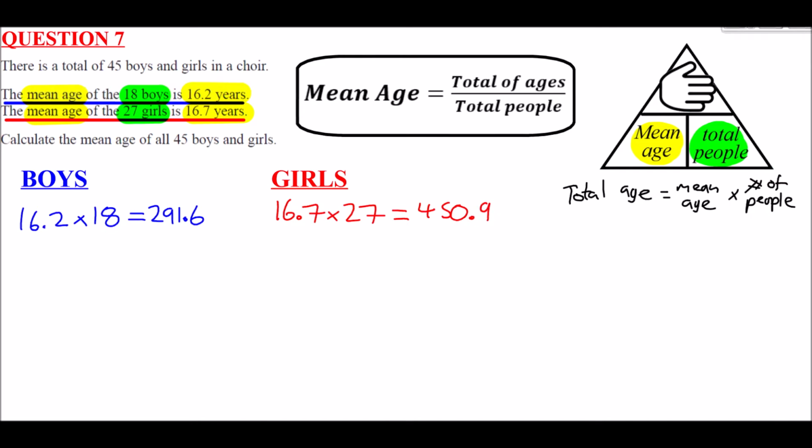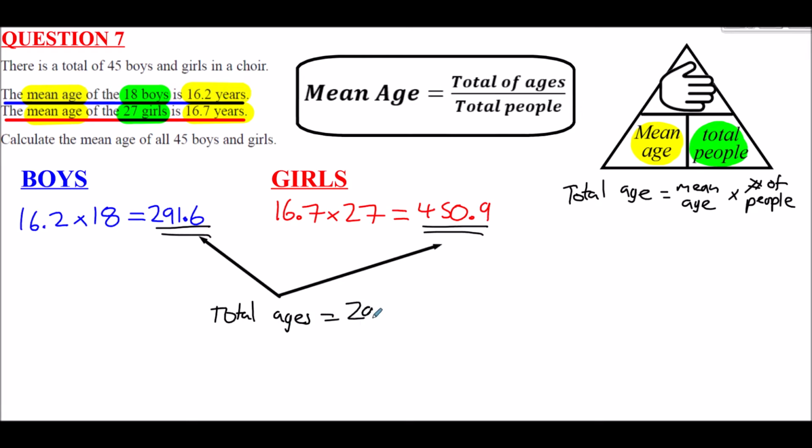Then from these we can work out the total of ages. So based off these two values we just worked out, whoops, that arrow's facing the wrong way. Total these up to get the total of all ages. Got 291.6 for the boys and 450.9 for the girls.